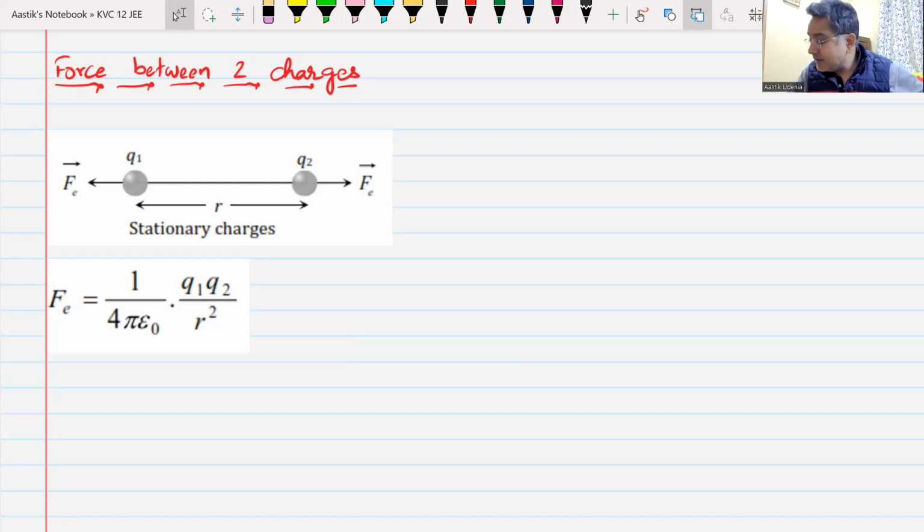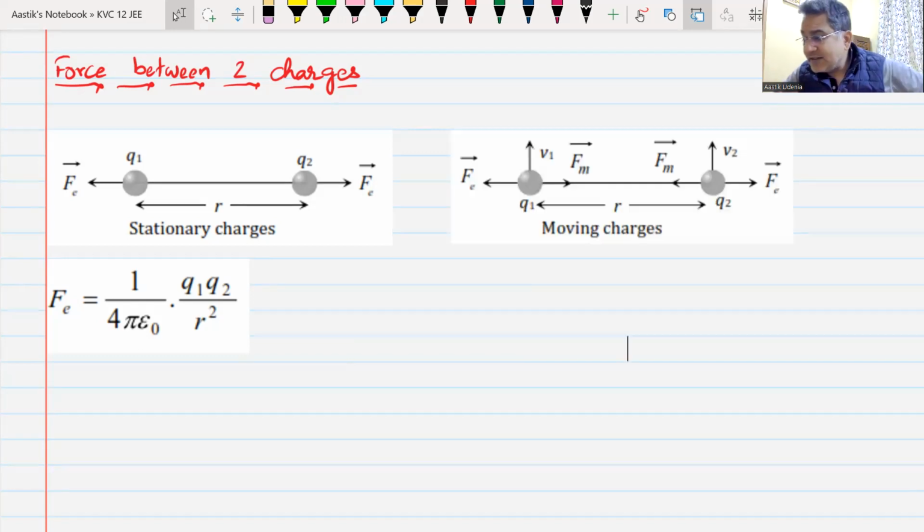Now, if I start moving these charges, and remember that's the very important factor, if both are positive charges, like charges, and moving in the same direction, V1 and V2, you can find out the magnetic force between them.